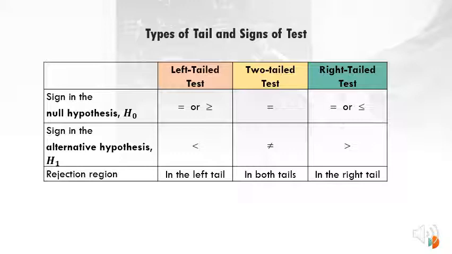For the two-tailed test, the sign of the null hypothesis would be equal sign, whereas for the alternative hypothesis, it would be non-equal sign. For the right tail test, the null hypothesis sign would be equal or less than or equal to, and for the alternative hypothesis, the sign is greater than.